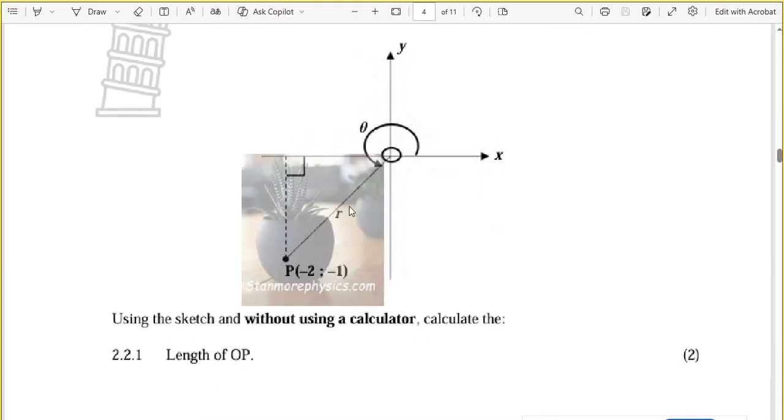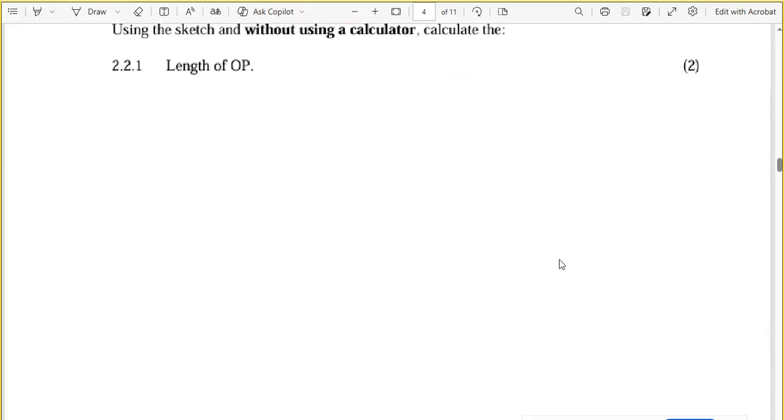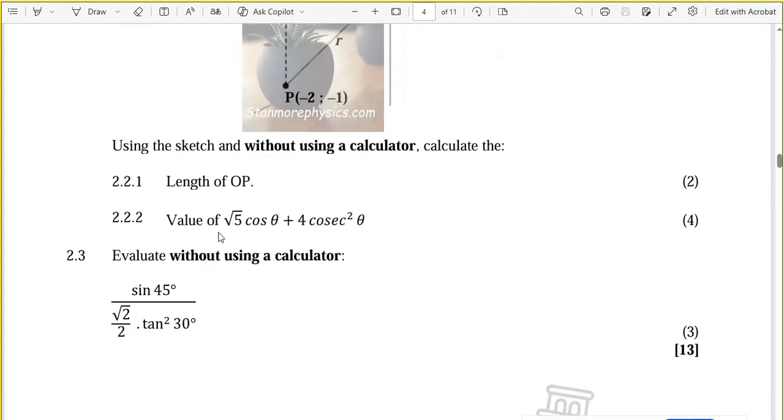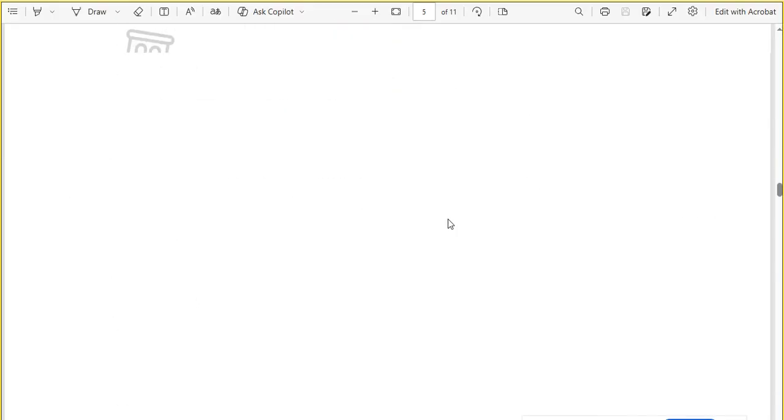They'll ask you to find the length of OP. You use theorem of Pythagoras. So that's 2.2.1. And then 2.2.2, they want you to find the value of that part. You know what you need to do. Cos is adjacent over hypotenuse, and the cosec will definitely work on this type of example. So I just want to show you how this works, okay?